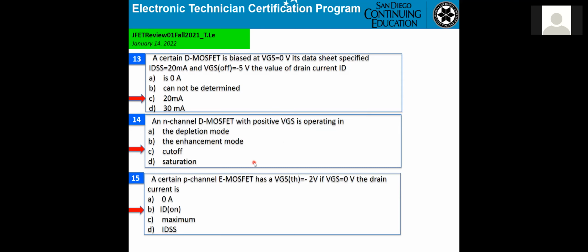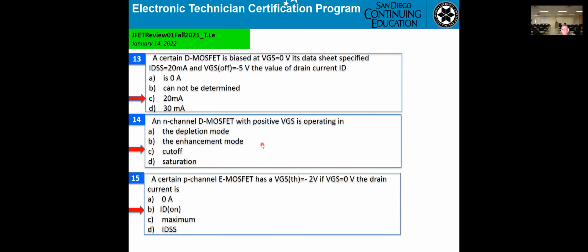I'm just looking at the slides. An enhancement MOSFET is an N channel with a positive voltage from gate to source. Yeah, I think you're right. That will be B. The thing is VGS positive, you can get the MOSFET either depletion or enhancement.